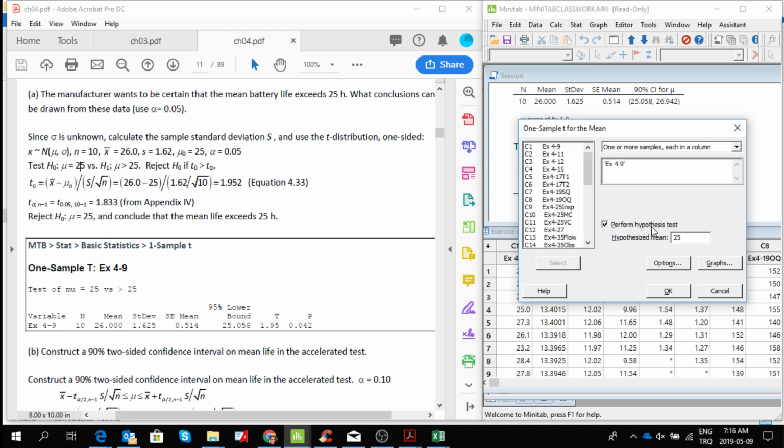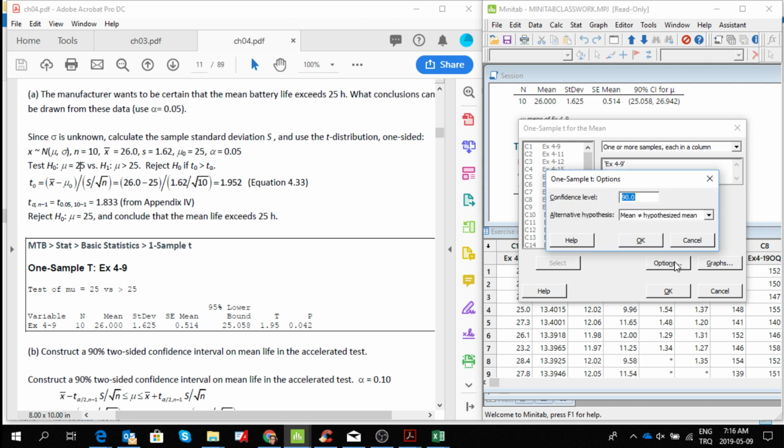And we want to perform the hypothesis test, so we click on this, okay? And then the hypothesized mean is 25 hours. And then we look at the options as well. In options, the confidence level is 95 because alpha is 0.005. And the alternative hypothesis is mean is greater than 25, so we have to choose that.